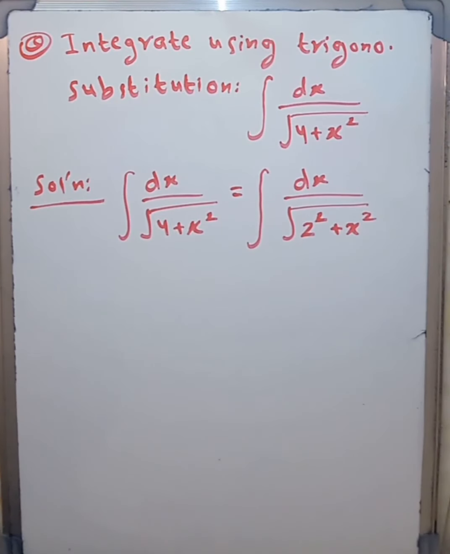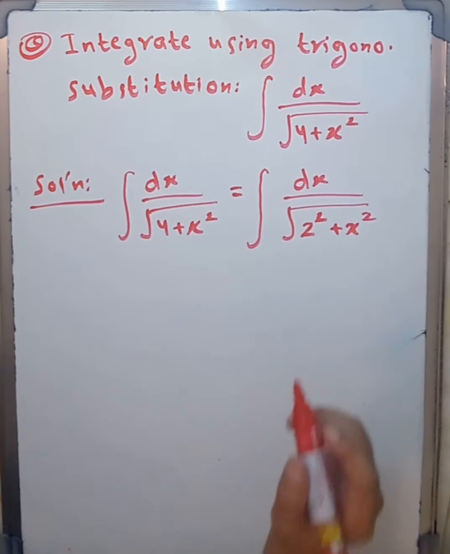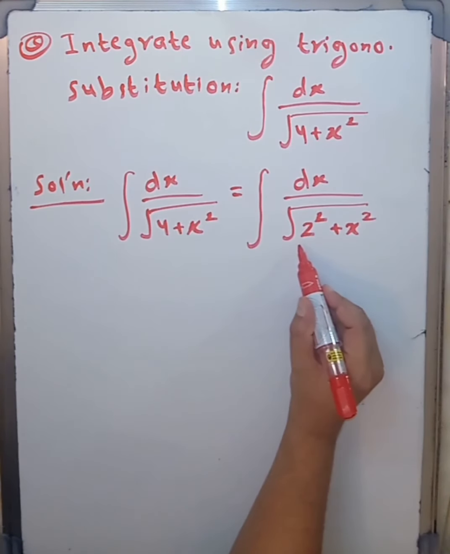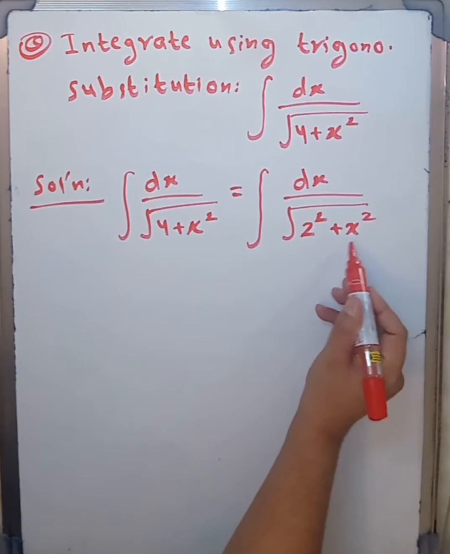We have already discussed that if we have a square plus x square appearing in the integral, in that case we have to substitute x is equal to a tan theta. Here we have 2 square plus x square.